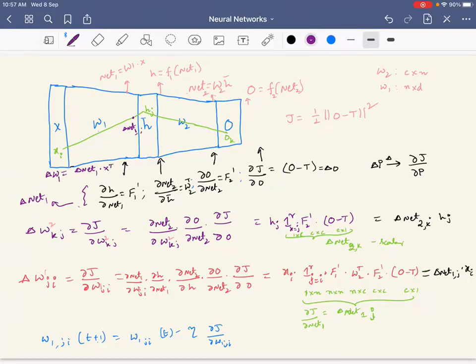So all this I write to get actually dou Z by dou net 1, or delta net 1. Delta net 1 is nothing but dou Z by dou net 1. That is the global derivative. After getting delta net 1, I use effectively this. So this will become one row vector of this, and I will get actually like this. Is this clear or not?